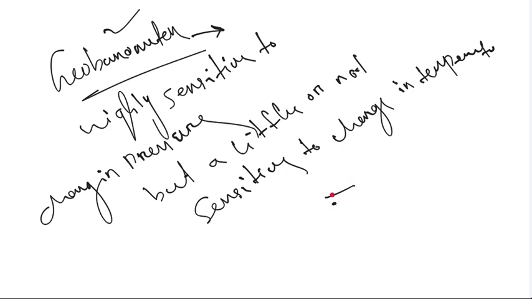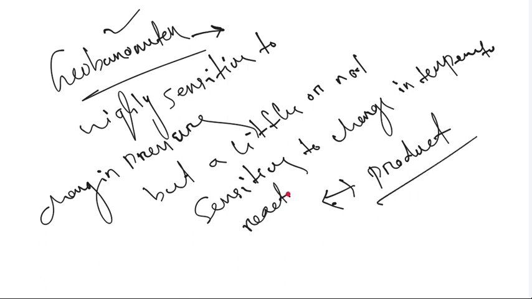Because we cannot simply see it with our naked eye, because we always see the product side, not the reactant. In nature, in metamorphism, we cannot see the reactant because we don't know what things were present earlier. We can only see the products.